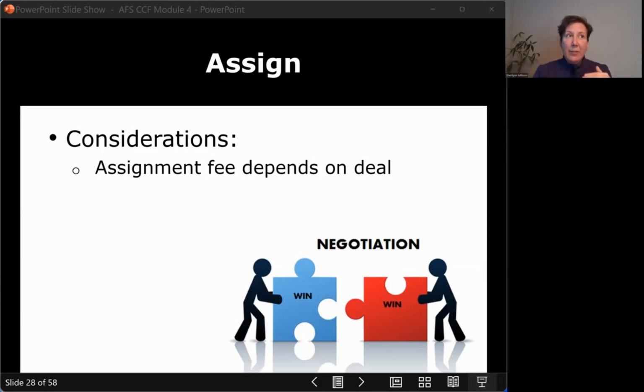And if there's a $200,000 spread and it's only going to cost the renovator $80,000 to fix, well, that's $120,000 in profit. There's room in there for you to potentially get a $25,000 assignment fee. So negotiate the best deal you can, because the bigger the spread, the bigger the potential assignment fee.